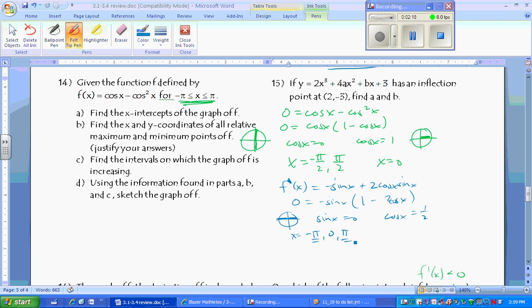Alright, but since these are endpoints, those are not going to be relative mins or maxes, right? So for relative mins and maxes, we use in between. For this one, cosine is 1/2, so these 2 points right here would be pi over 3 and negative pi over 3.